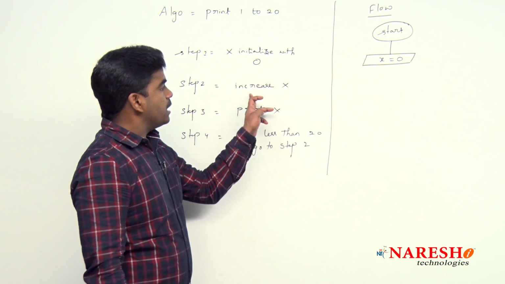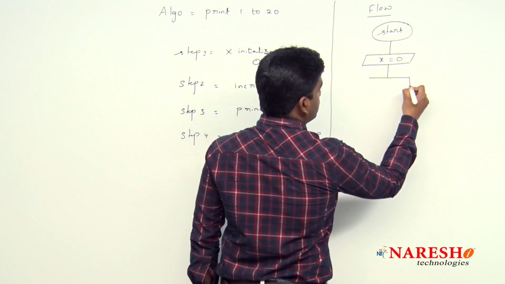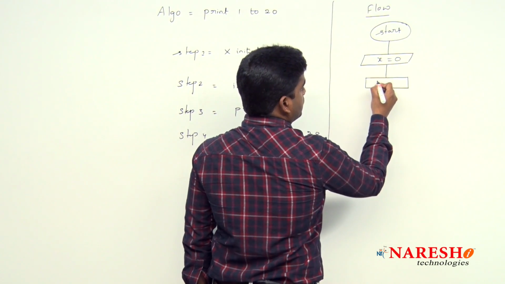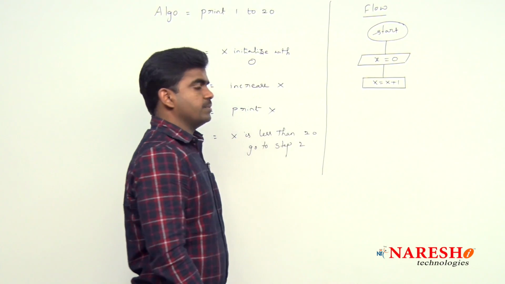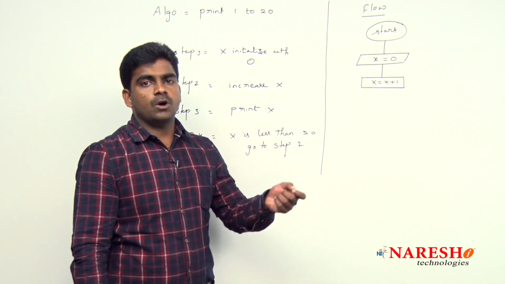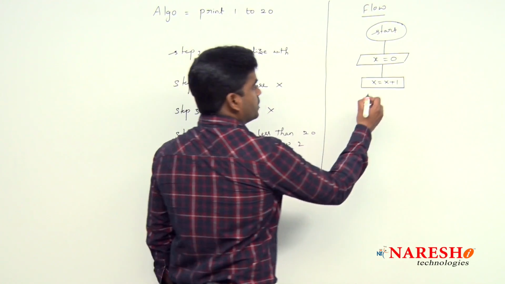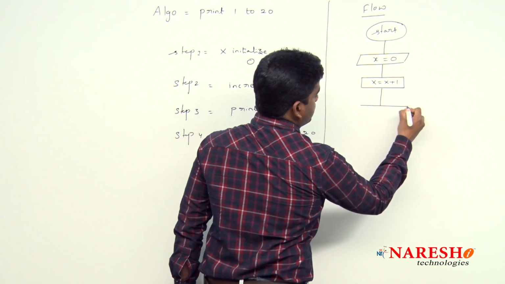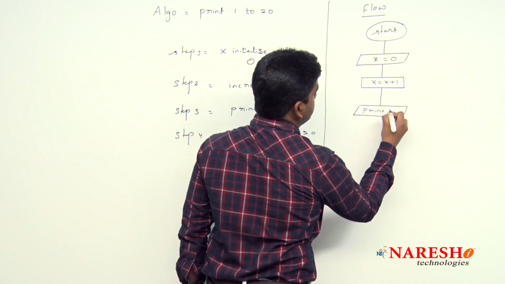And next, the data processing. Data processing we are representing with a rectangle. So x value increase, x is equal to x plus 1. After that, printing. Printing means output, right? Input and output we are representing with a parallelogram. So here we are printing the x value, print x.